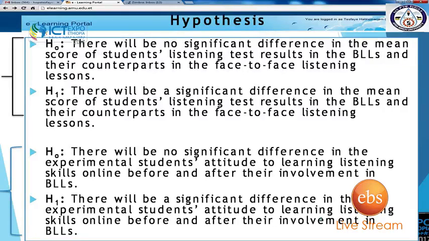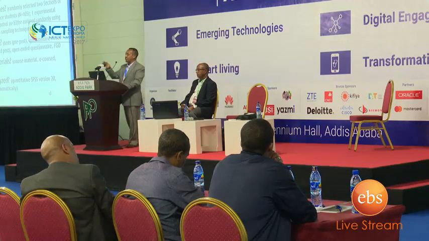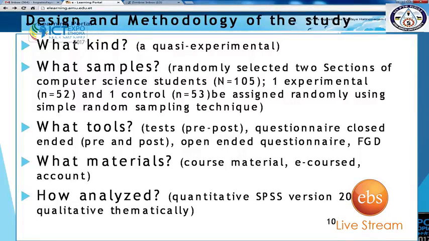I had pairs of hypotheses for each, but I want to tell you the design and the methodology of the study. What kind? It was a quasi-experimental study. Why I called it quasi-experimental, I actually took an intact group, a class as it is, without modifying, without resectioning.